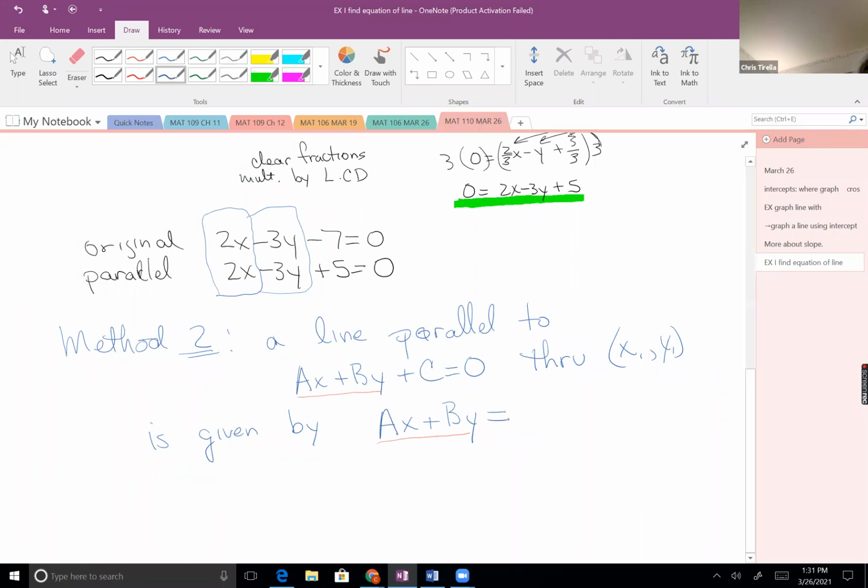And what's really cool is that new constant is determined by my point. And that new constant has to satisfy this equation when I go through that point. So the new constant is equal to a times the x value of the point plus b times the y value of the point.